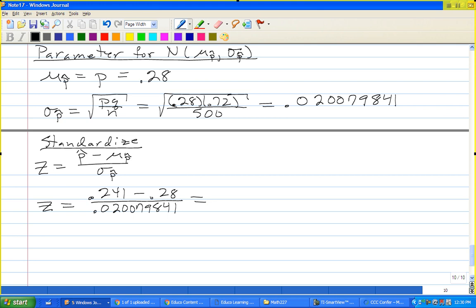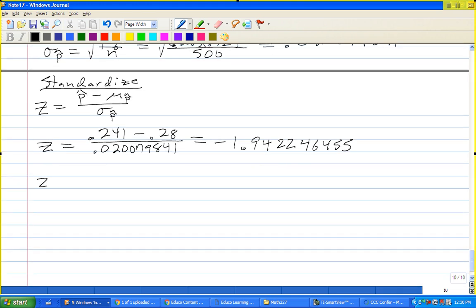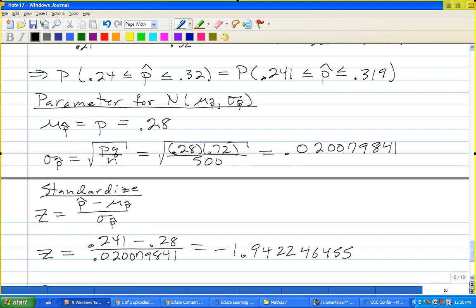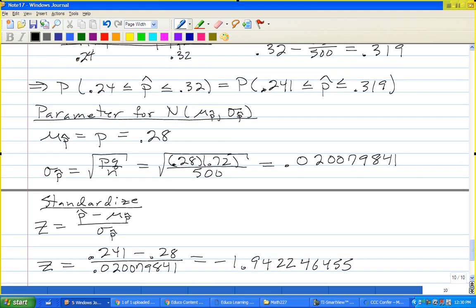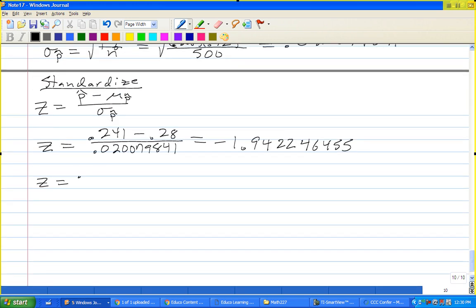And so you get negative 1.942246455, and you get z equals 0.319 minus 0.28 over 0.020079841. Again, plug that into your calculator.